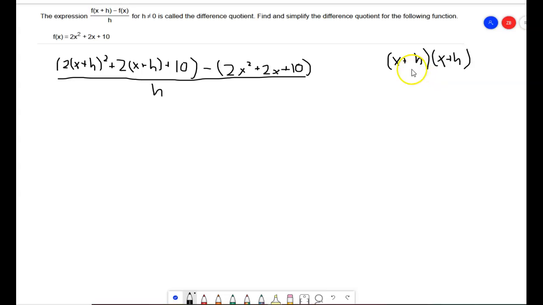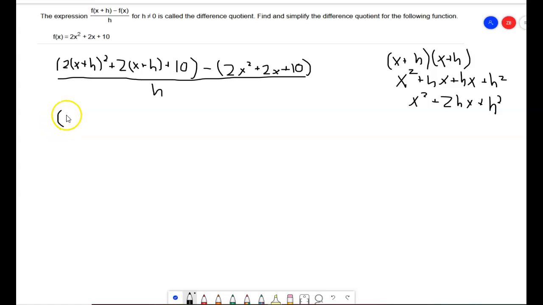When we FOIL that, it's the first terms, x squared, plus the inner terms, h times x, plus the outer terms, h times x, plus the last terms, h squared. We can combine the inner and outer terms, so this becomes x squared plus 2hx, or xh, doesn't matter, multiplication is commutative, plus h squared. So this is what this FOIL comes out to.